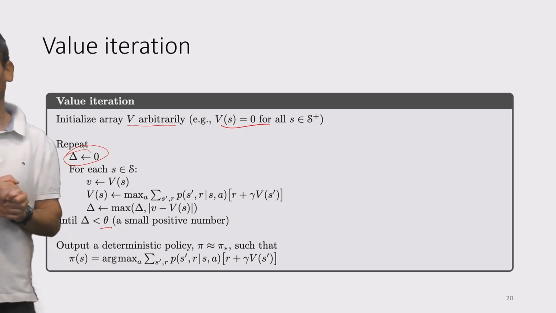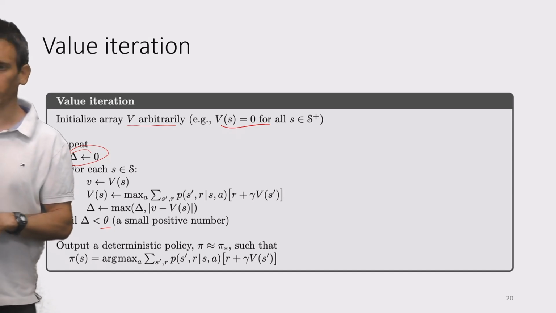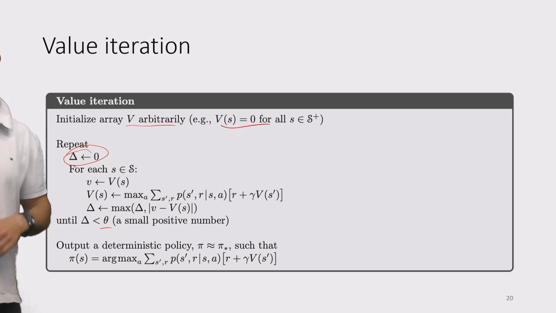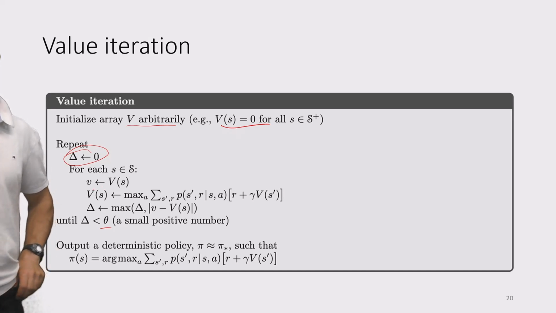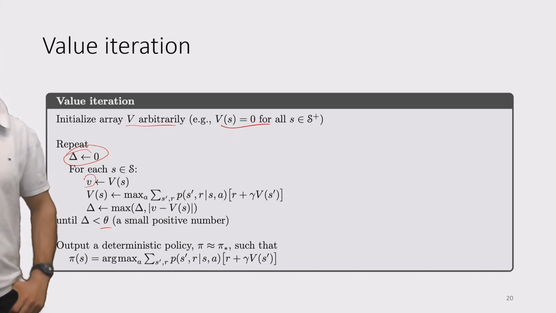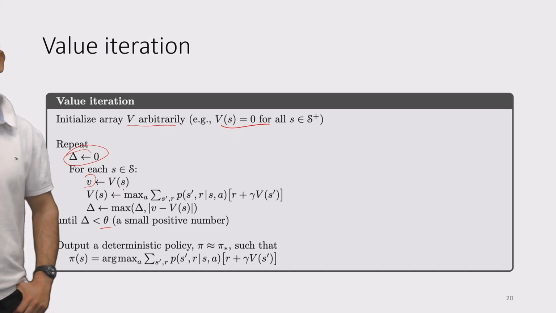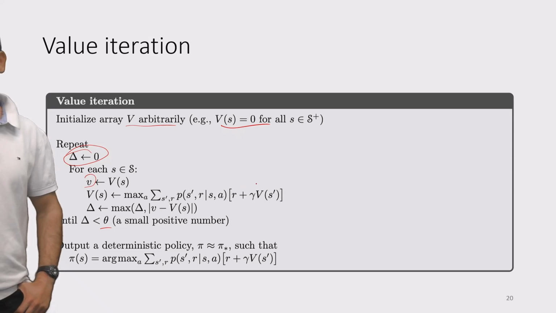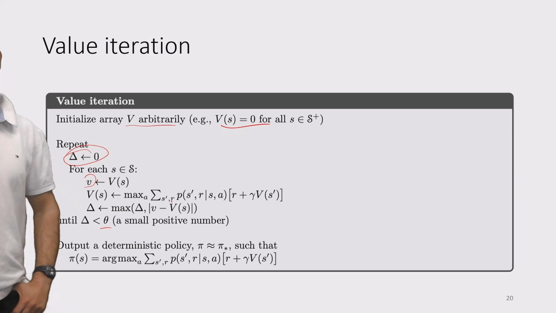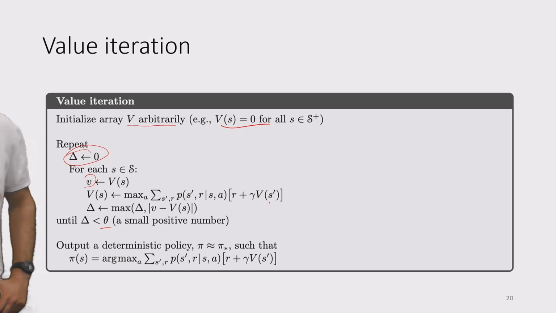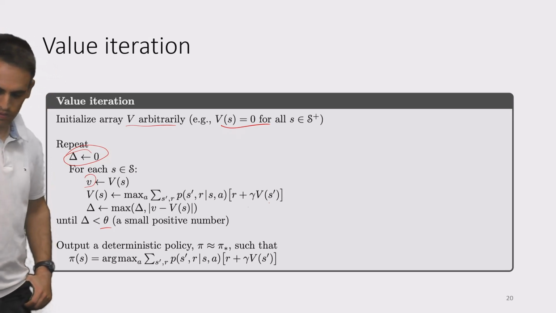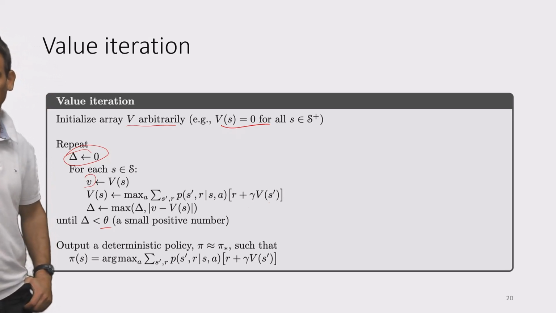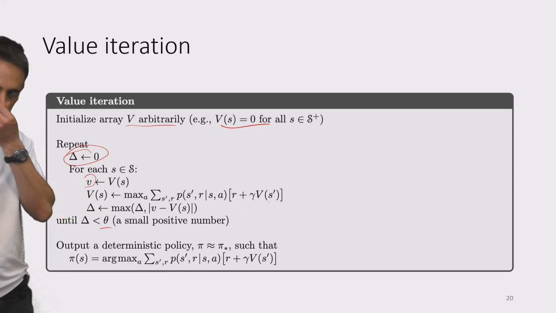So what we do, for each state in the environment, we store the current value for that state, and now we update the state value for that specific state using the equation that we've seen previously, that is, we compute the expected sum of reward and the discounted value of the possible next state that we'll arrive at.